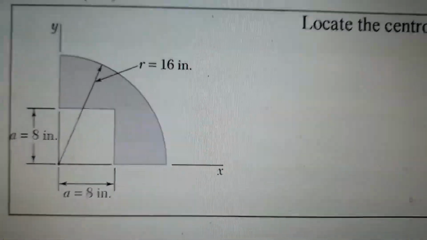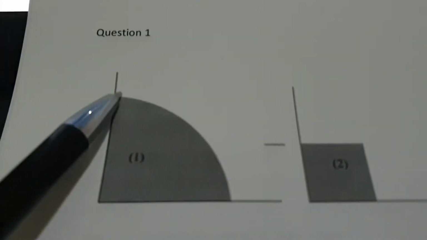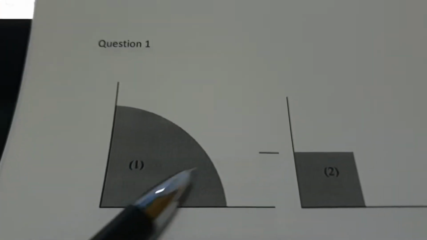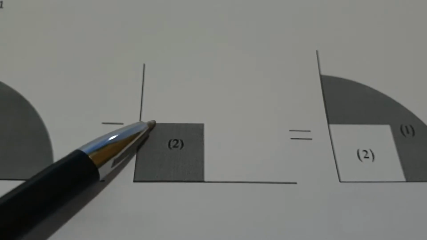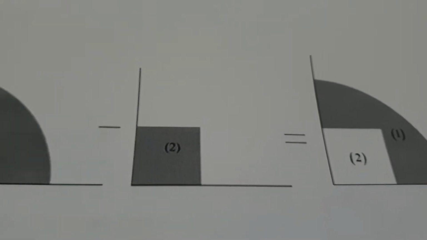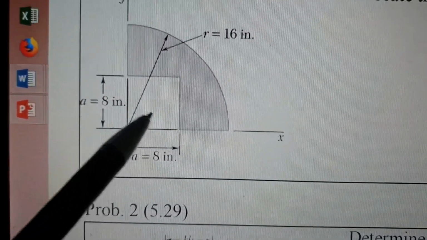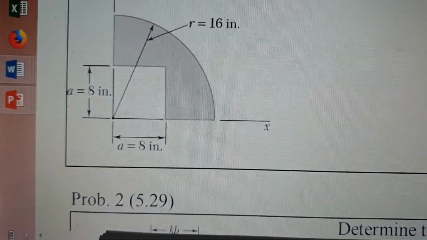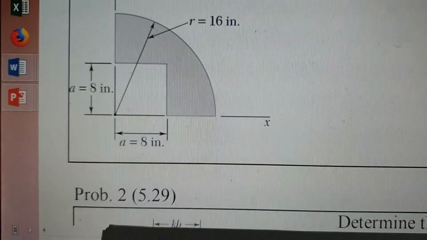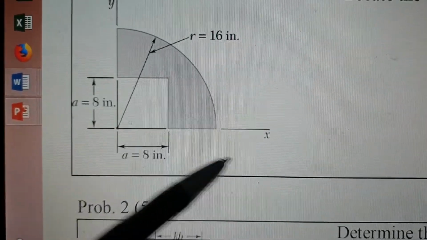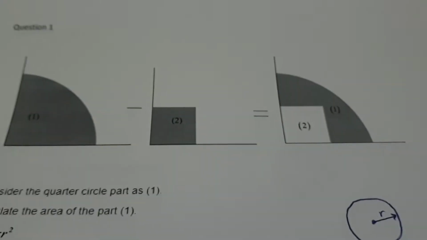So I'll take it like this: 1/4 of a circle, that's 1, minus, since it's an open hole, a small square, number 2. This small square is 8 inch by 8 inch, and this is 1/4 of a circle. So, okay, 1. Now, let's take 1.